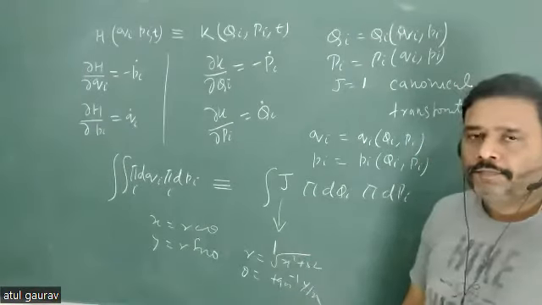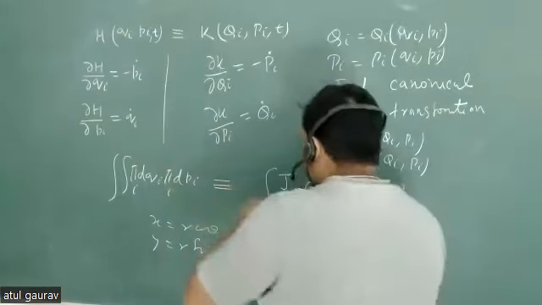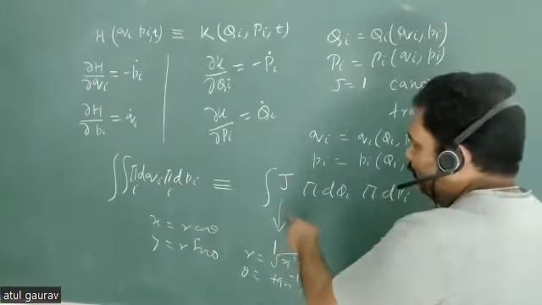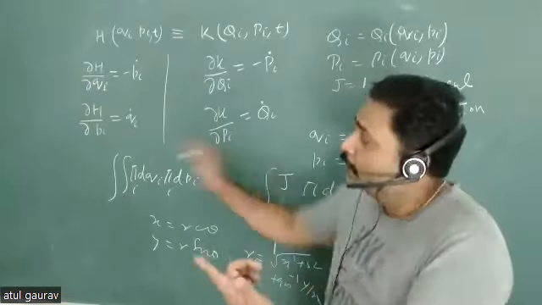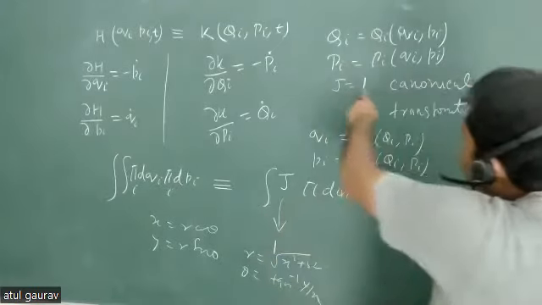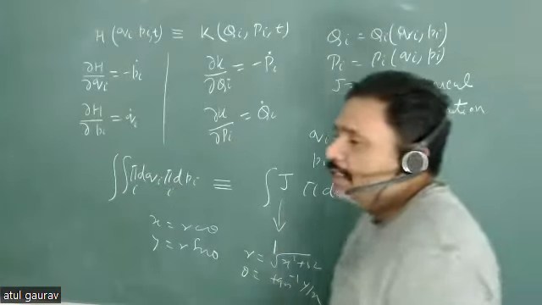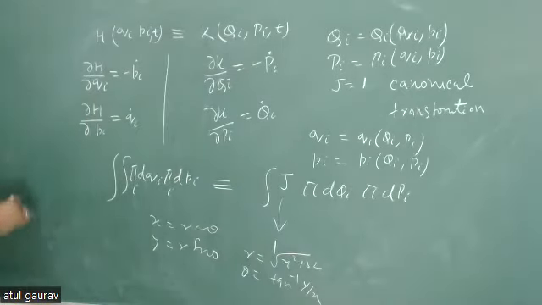Yes, sir. So this is a two-way transformation. So you can put the Jacobian here also if this is 1, isn't it? Because 1 by J is equal to the Jacobian for the reverse transformation. So 1 can be adjusted there, and when J is equal to 1, this is basically identified as what? Canonical transformation.